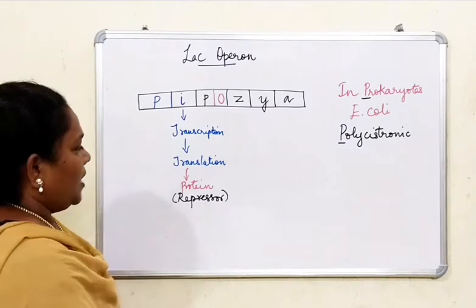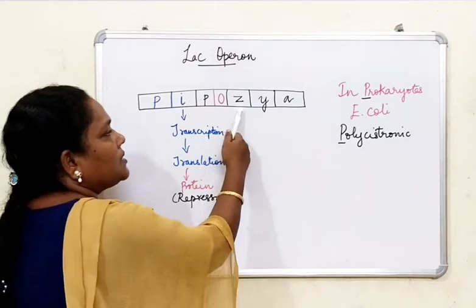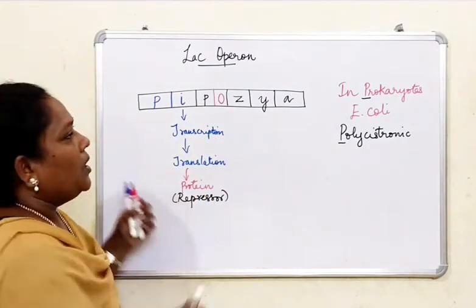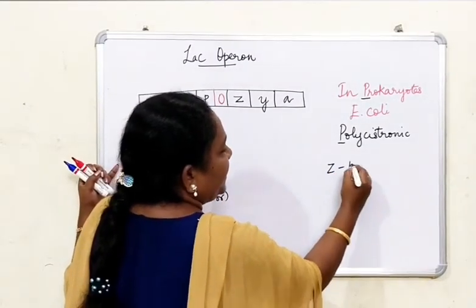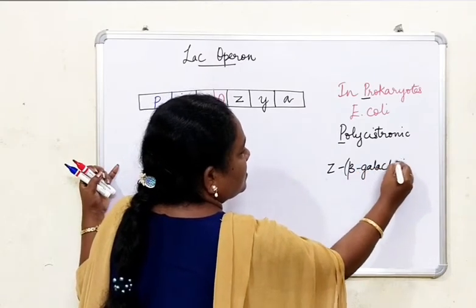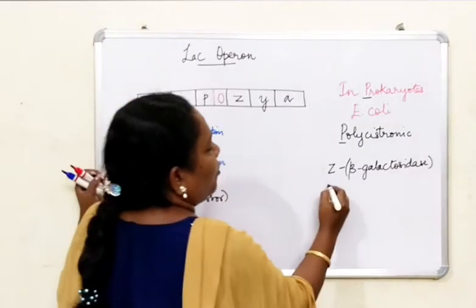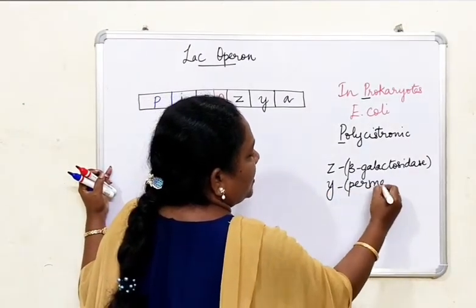Okay. Now, here I have told you about 3 genes. One is the Z, the other one is Y, the other one is A. Now what happens here? This Z stands for β-galactosidase. Okay. And Y codes for the enzyme called as permease.